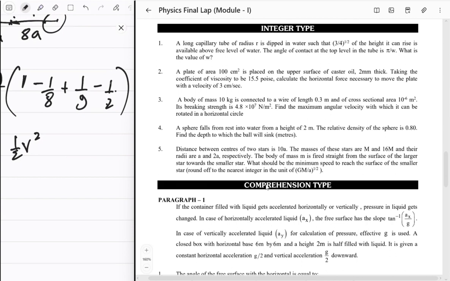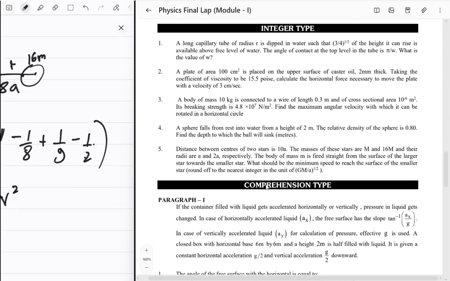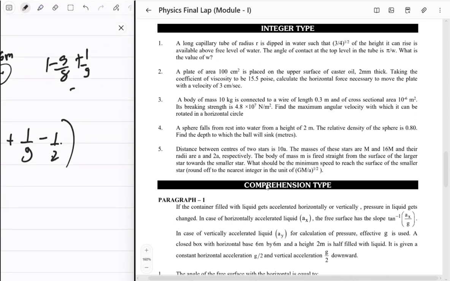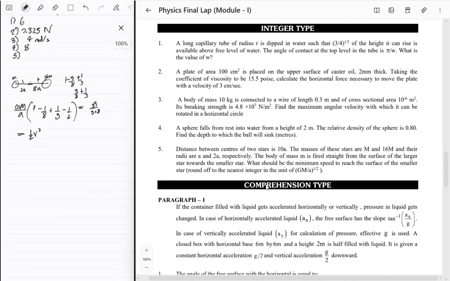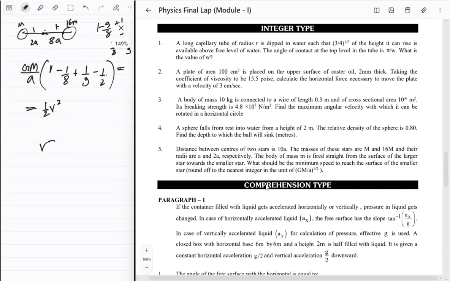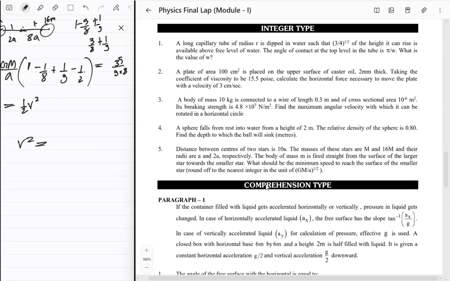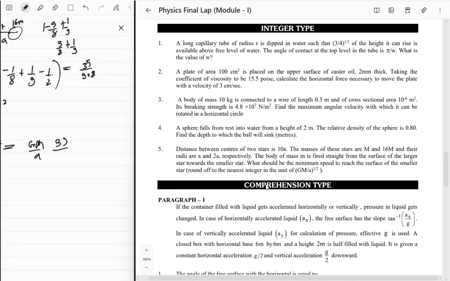ये कंबाइन कितना हो जाएगा, -4/8 -5/8 हो जाएगा. सो 1 - 5/8 + 1/9 which is like 3/8 plus 1/9 which is 27 plus 8 कितना होता है 35/9 times 8. So ऐसे रहने दो 9 times 8. Yeah. Okay. So v square is just equal to gm upon a, and then 2 times is like 35/9 times of 4 or something.